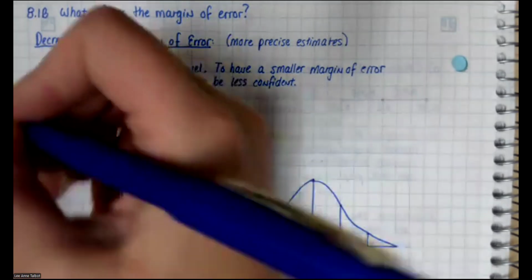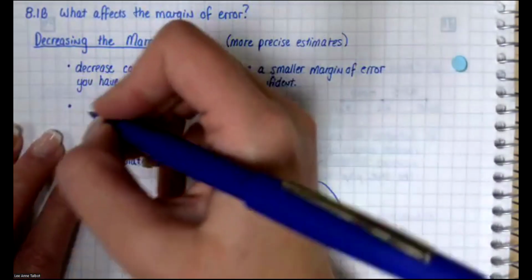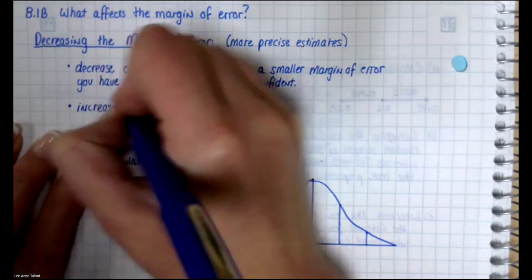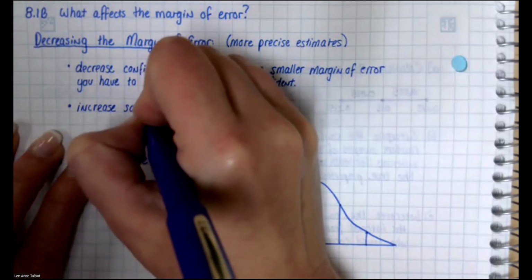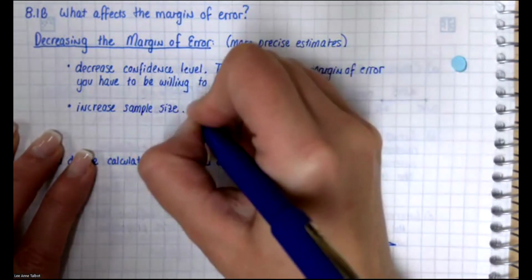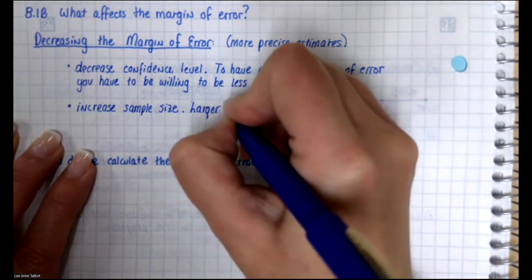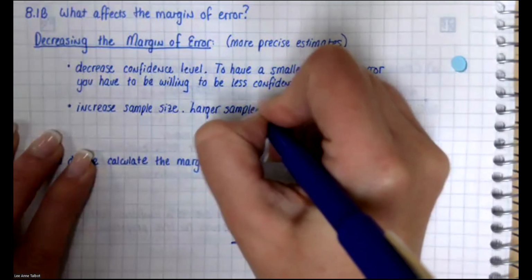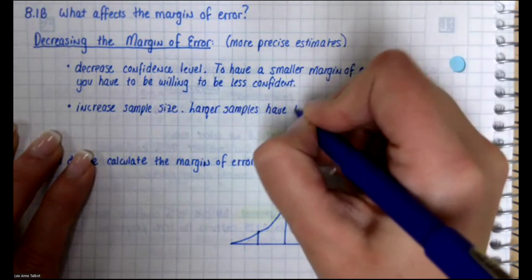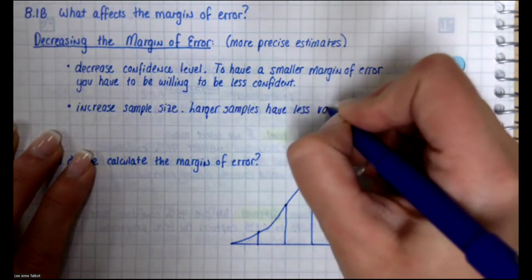Okay, and the other way is also kind of a common sense way, and it seems to be the thing that affects everything. Increase sample size. Larger samples have less variability.